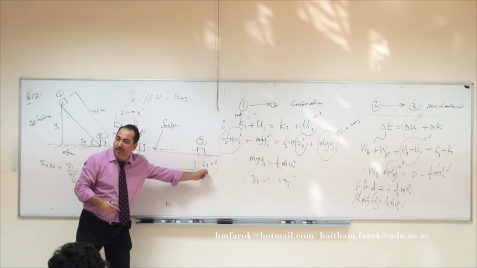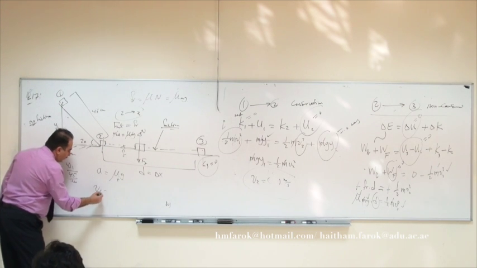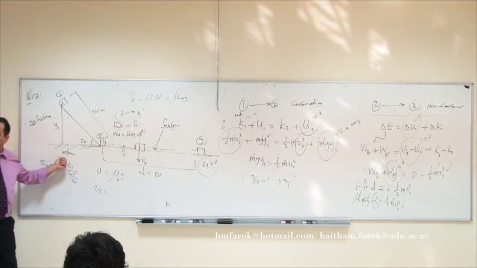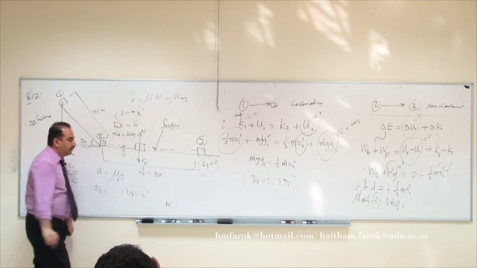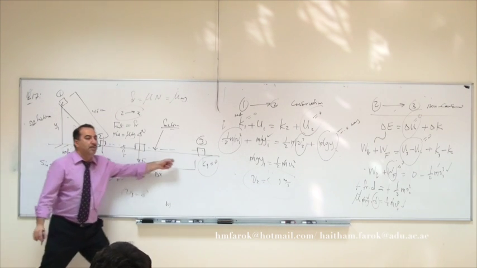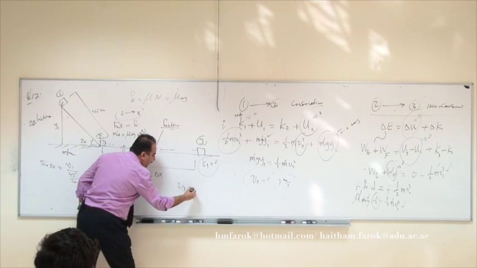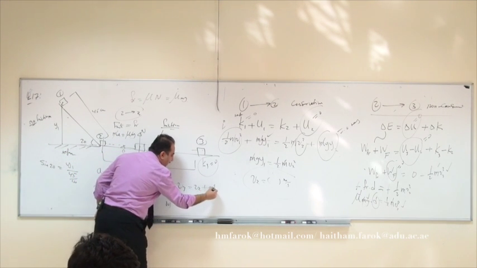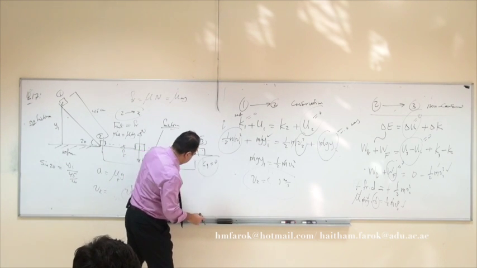From 2 to 3, what is the initial velocity at 2? You found it from the first part, yeah? What is the final velocity at 3? 0. Linear motion, yeah? So what do you say? V at 3 equals V at 2 plus at. No, this is not useful. You need the distance.